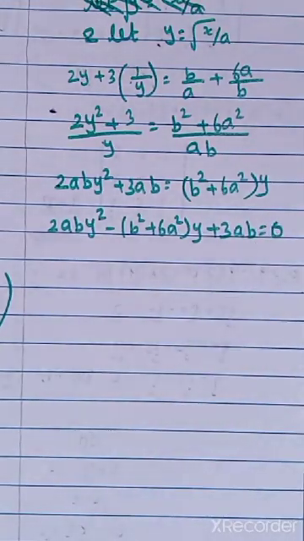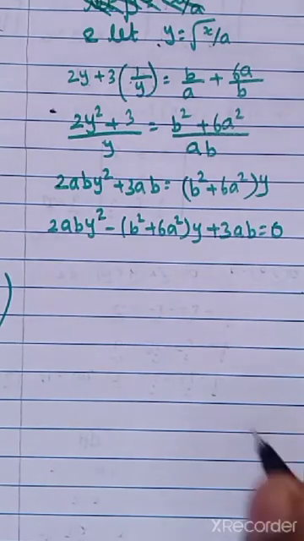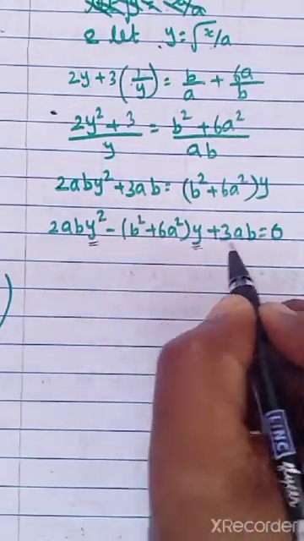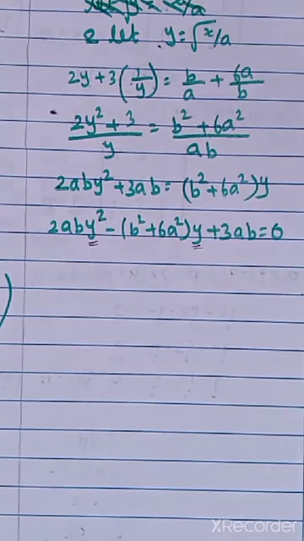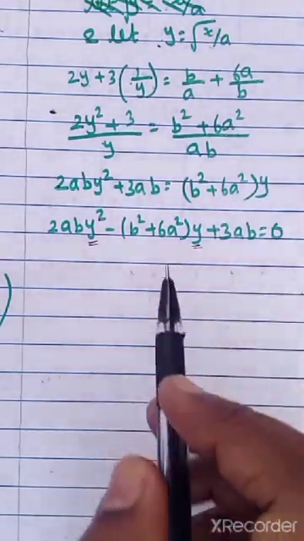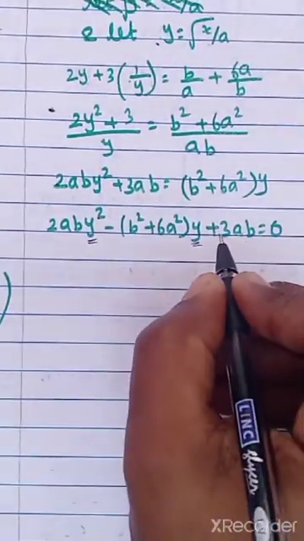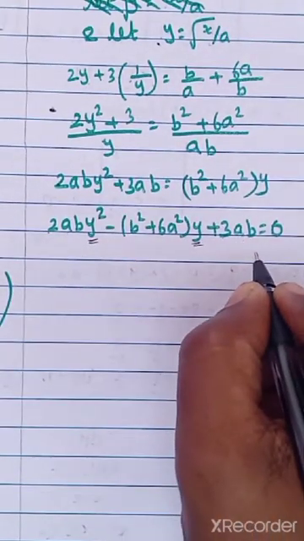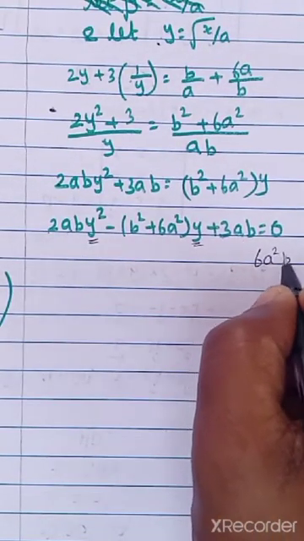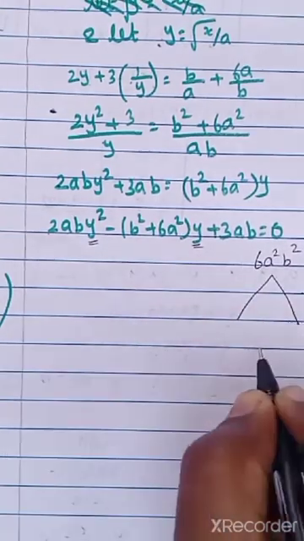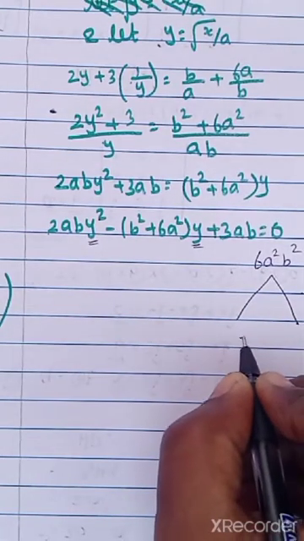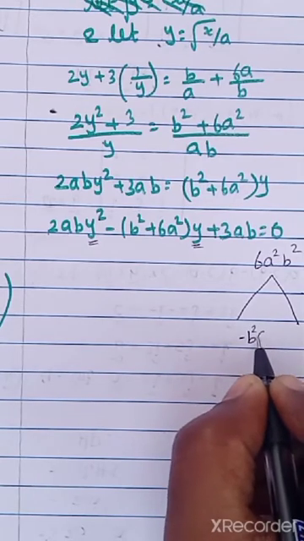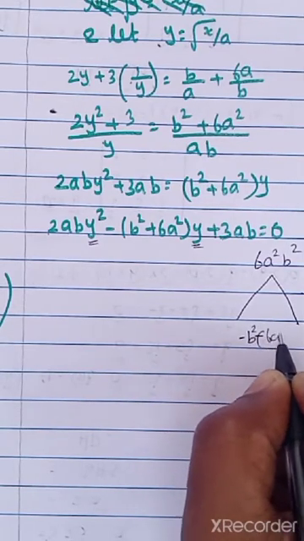Correct? Now look here. This is your y square term, y term and constant term. So can we use the quadratic formula, or you can use the tree method to get the answer. Okay, so here the tree method is possible. What is the product? 3 2s are 6, a square b square, so 6 a square b square is your product, and sum is minus b square plus 6a square.